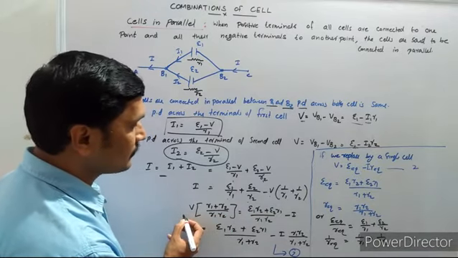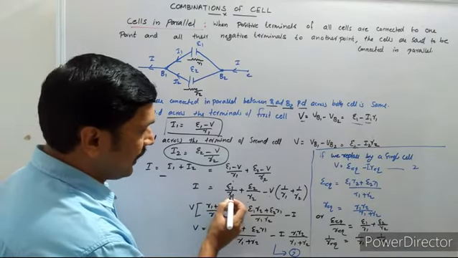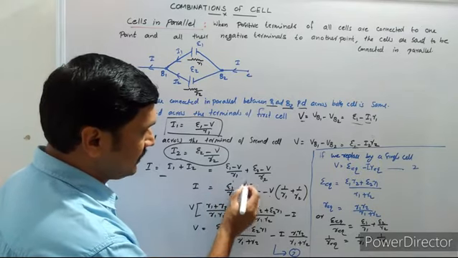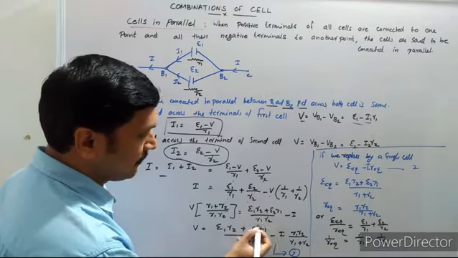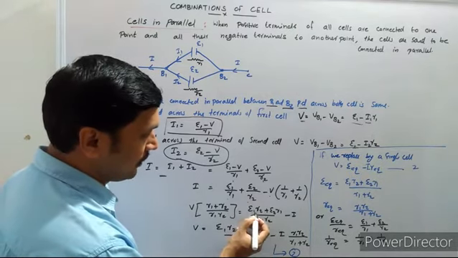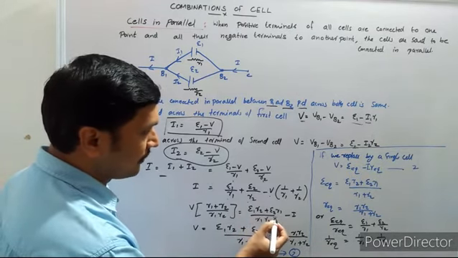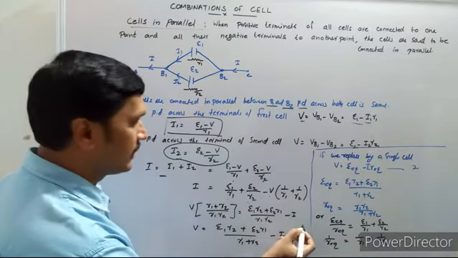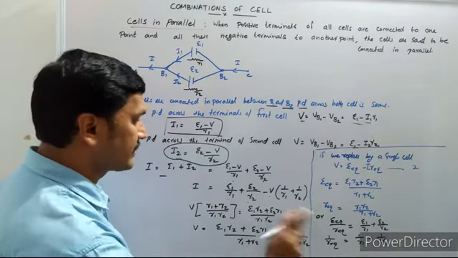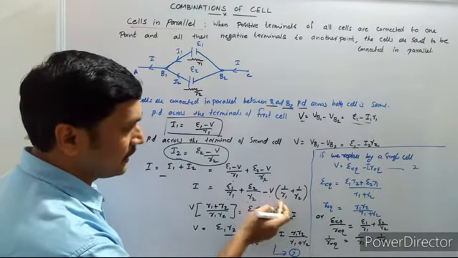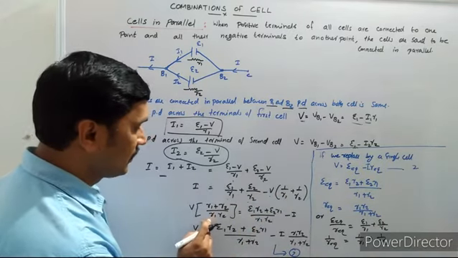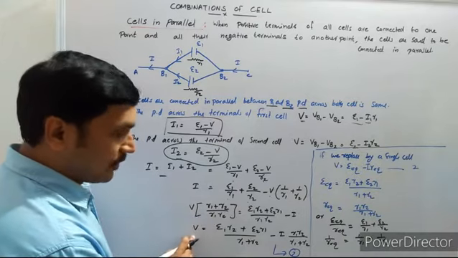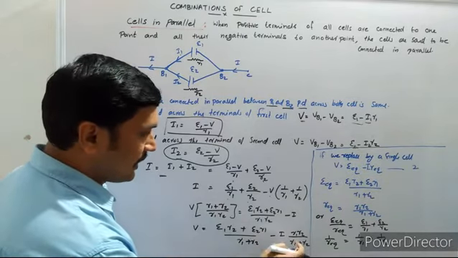V is the result. Now we add E1 by R1 plus E2 by R2. By taking the LCM, R1 R2 is the LCM. Then E1 R2 plus E2 R1 minus I, we take this I to the right side, that's minus I. We take this term to the left and I to the right and rearrange the equation like this, and keep V on the left side and take this term to the right side.